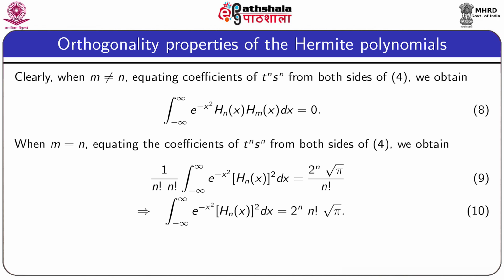Hence, the conclusion is that when m is not equal to n, integration minus infinity to plus infinity e to the power minus x square H_n(x) H_m(x) dx is equal to 0, and when m is equal to n, it is equal to 2 to the power n into n factorial into root pi, which is the orthogonal property of the Hermite polynomial.